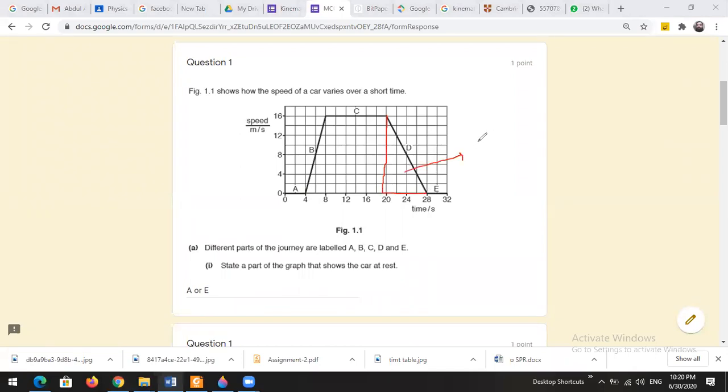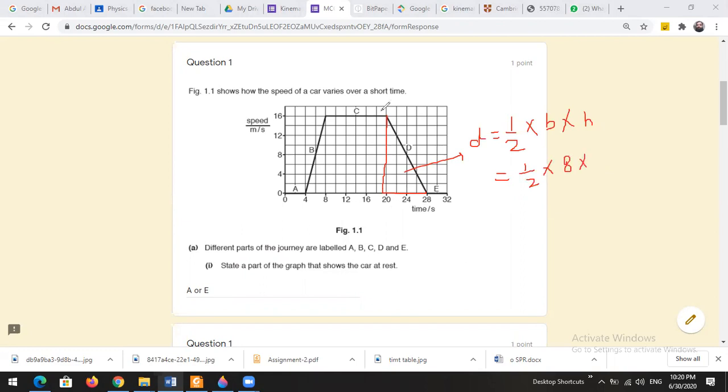So distance is equal to the area under the graph, which is 1 over 2, because it is a right angle triangle, so it will be 1 over 2 base multiplied by height. So 1 over 2, what is the base? Base is 4. Sorry, base is 8.